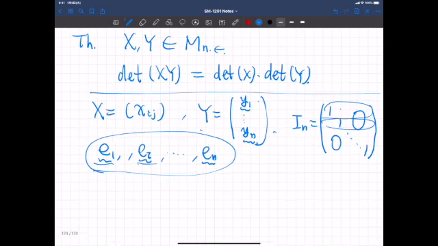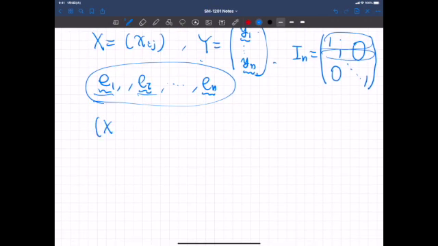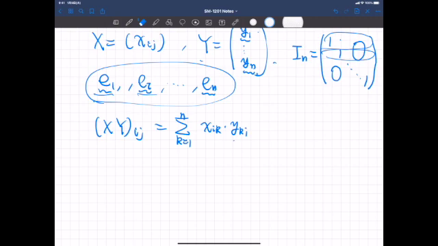Okay, then let's calculate the element of xy. According to the definition of the product between two matrices, this is given as the sum over k from 1 to n of xik times ykj. But this ykj is the jth element of the vector yk, right?